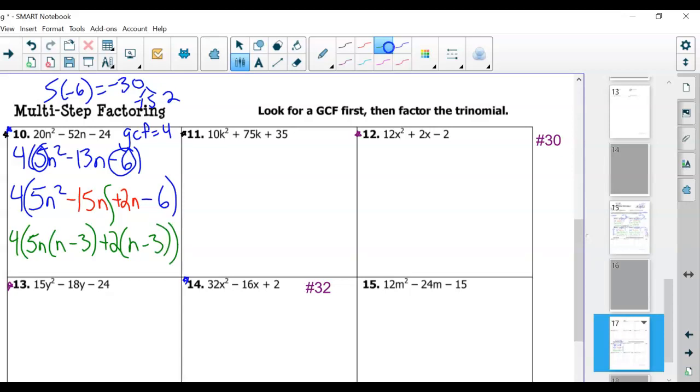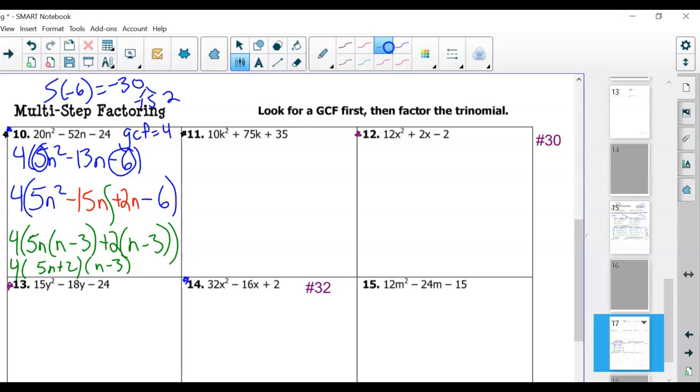So my final answer would be 4 times the factor 5n plus 2 and the factor n minus 3. Or you could just use one set of parentheses instead of two, it would work out the same.